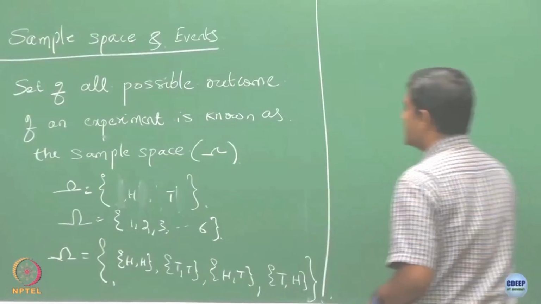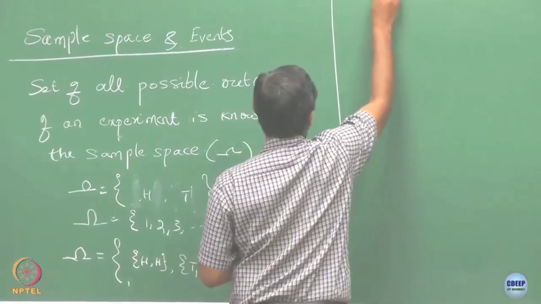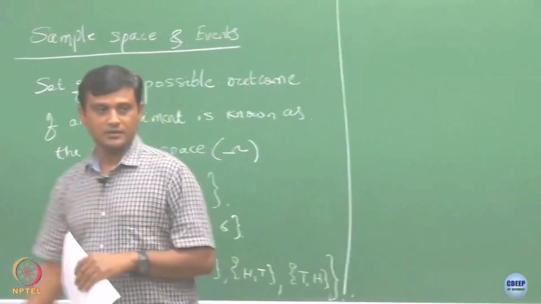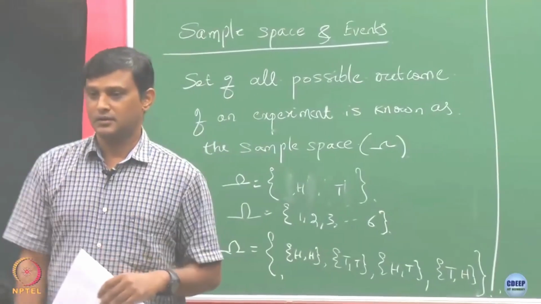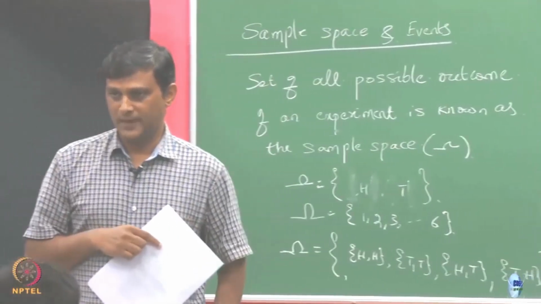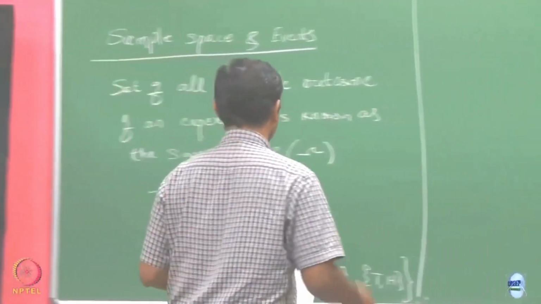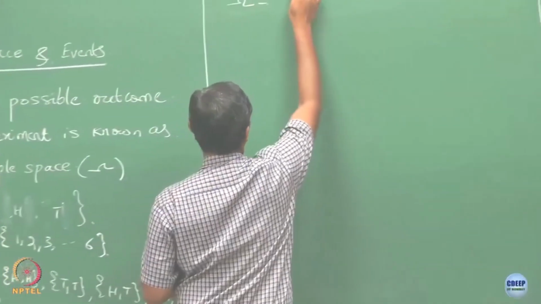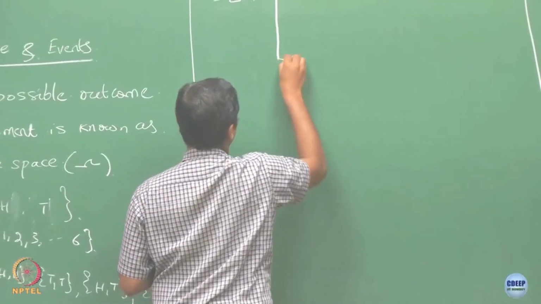and similarly, if I am going to throw dice, what is the possible outcome? 36, right? Maybe the better way to represent that is through a matrix.